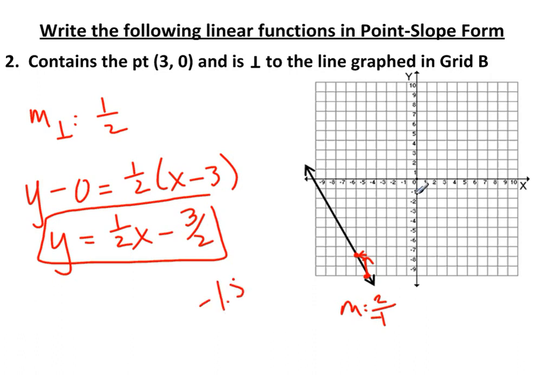So we'll go down 1.5. And then from here, I'm going to go up 1, right 2. Up 1, right 2. Well, if I go down 1, left 2, I keep doing this. Although it's not perfect, because it's hard to tell in here, it should look like these two lines form a right angle.